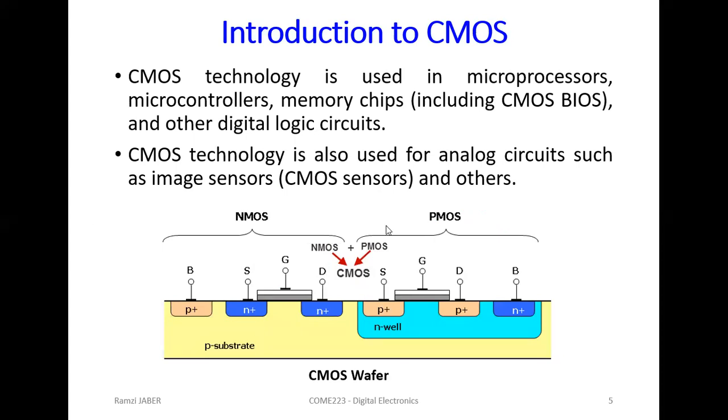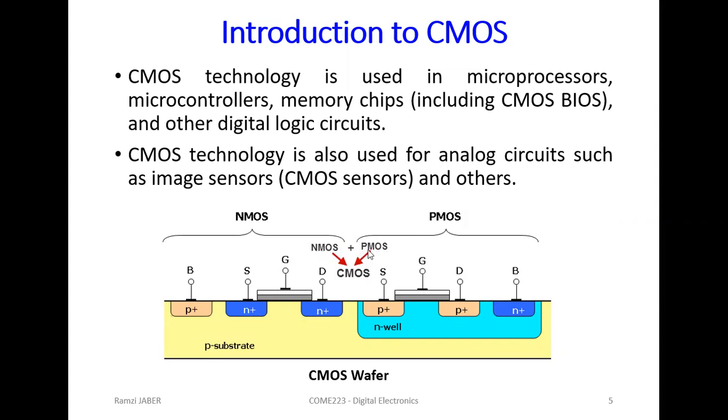Complementary metal oxide semiconductor: complementary means that at the same time we use, on the same wafer, same circuit or board, NMOSFET plus PMOSFET.